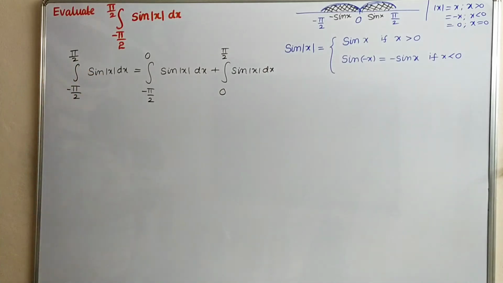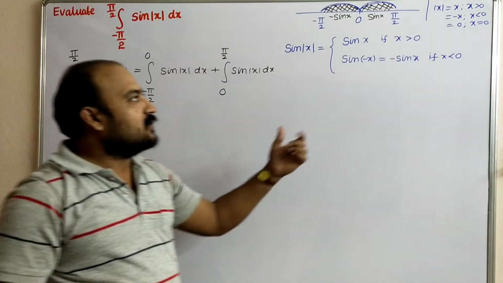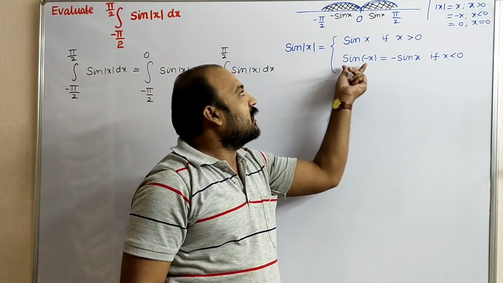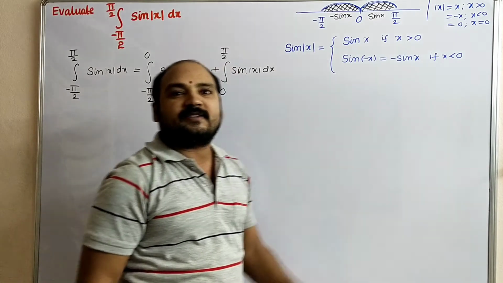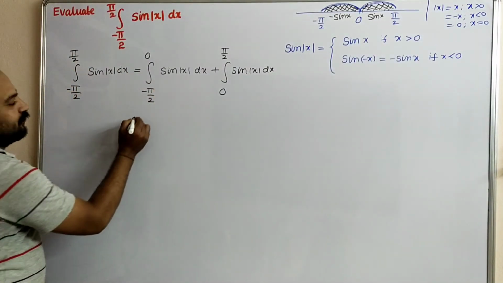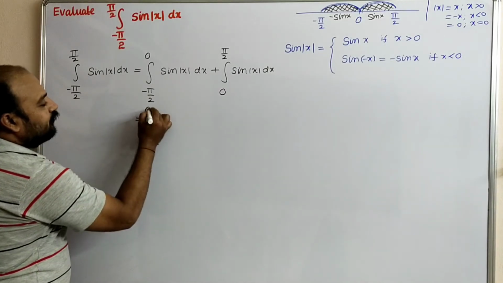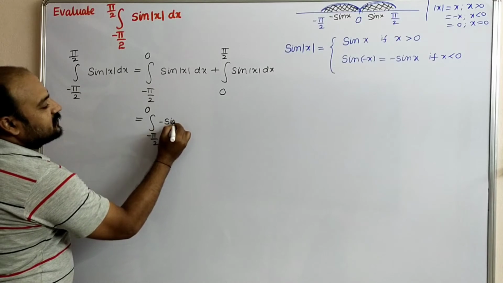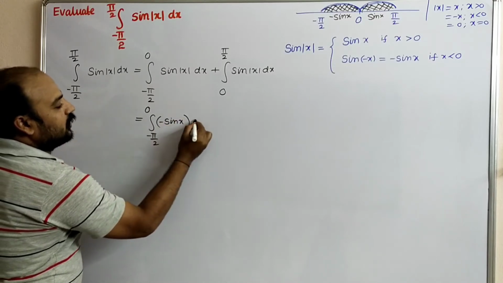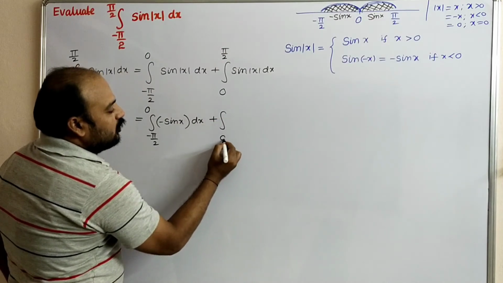After reaching this step, minus pi by 2 to 0, that is x is less than 0. X is less than 0, sin of mod x will become what? Minus sin x. In place of sin mod x, you have to write minus sin x. So integral minus pi by 2 to 0 minus sin x into dx plus integral 0 to pi by 2.